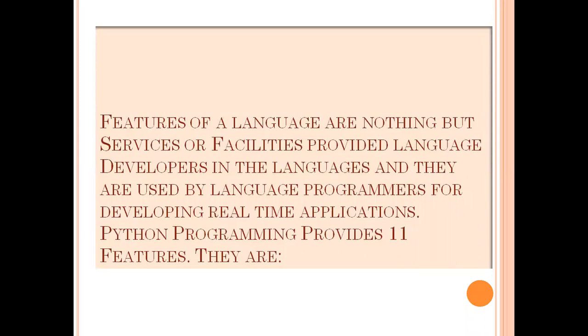Features of a language are the services or facilities provided by language developers, and they are used by programmers for developing real-time applications. Python has 11 features.